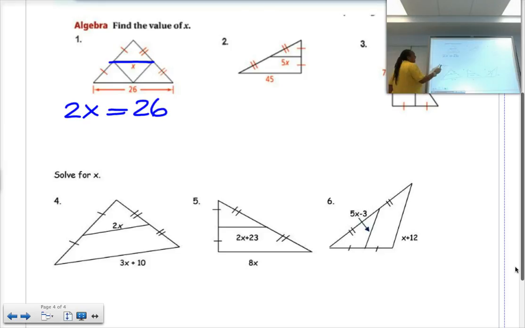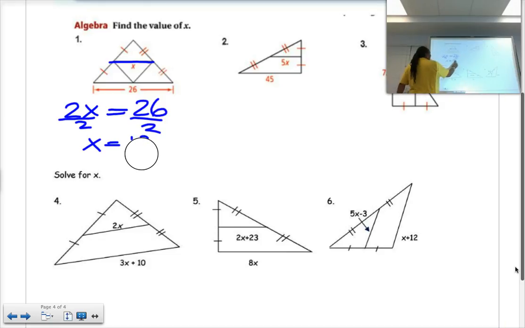So can we find x now? All we have to do is divide by 2. So x here is going to be 13. Why did I say 18? Because I didn't hear well. Sorry. I'm glad you caught that. So that was fairly easy.